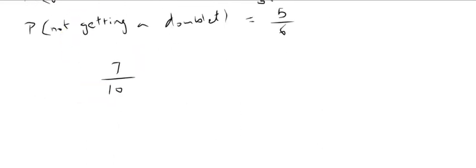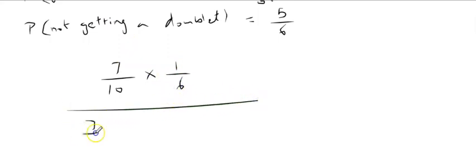So 7 by 10 into getting a doublet, which is 1 by 6, divided by 7 by 10 into 1 by 6 plus 3 by 10, where he does not speak the truth, right? So 3 by 10 into not getting a doublet, which is 5 by 6.